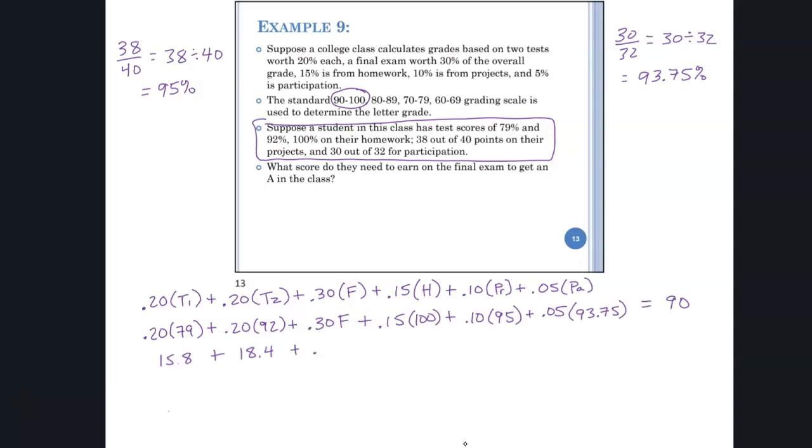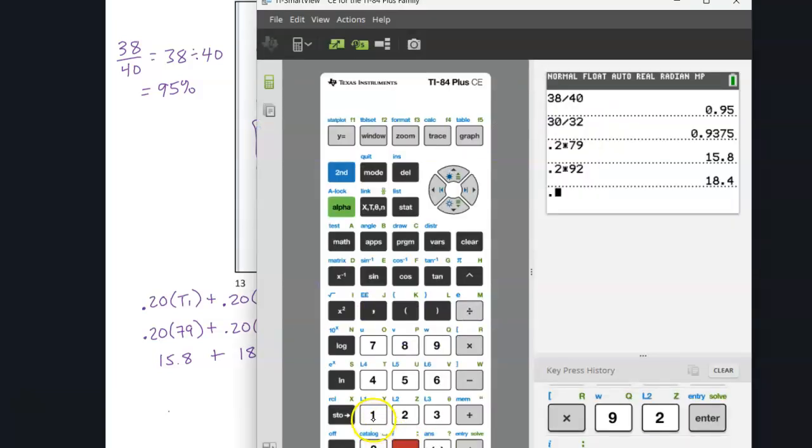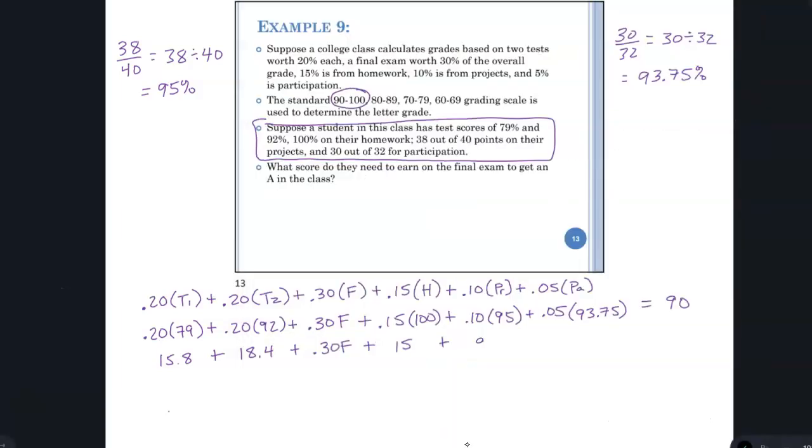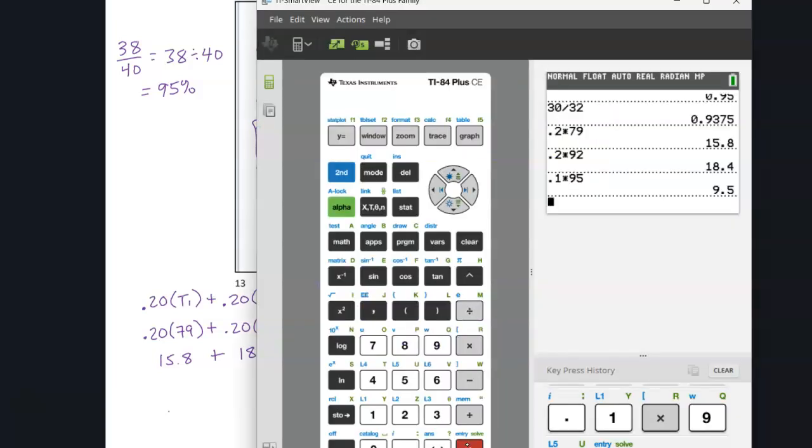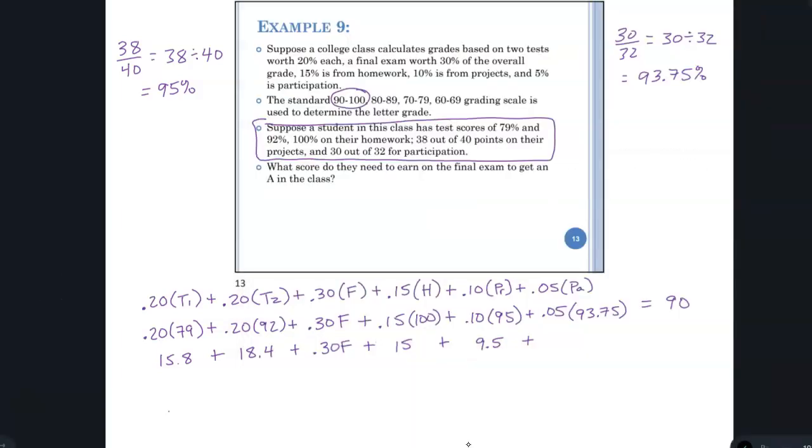And then I'm just going to leave this as 0.3F, or if you leave the 0 on there, it doesn't matter. Either way, it's the same thing. 15% of 100 would be 15. And then 10% of 95, 0.1 times 95 is 9.5. And then 5% of 93.75, just multiplying those, 4.6875.